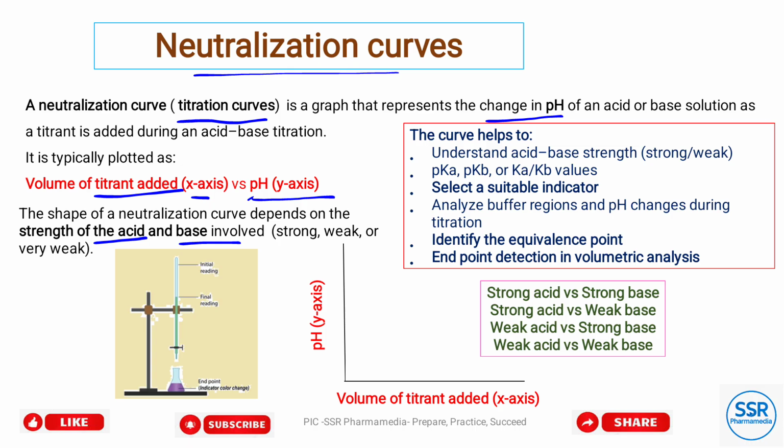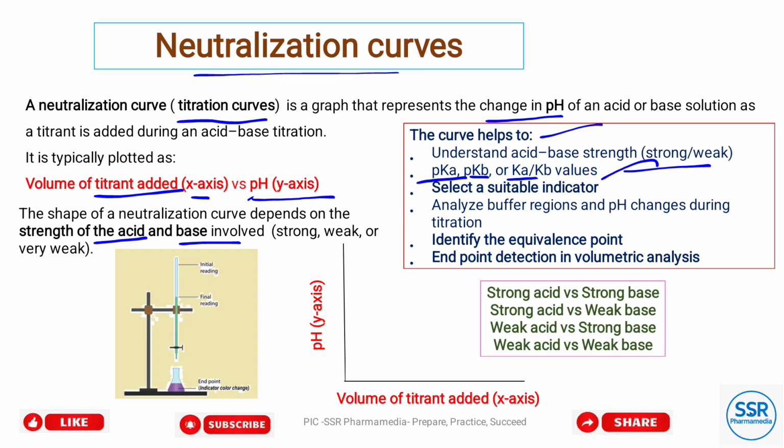This curve helps to understand acid-base strength and pKa, pKb or Ka divided by Kb values, that is, the ionization constant of acids, the ionization constant of bases, and the acid to base values.